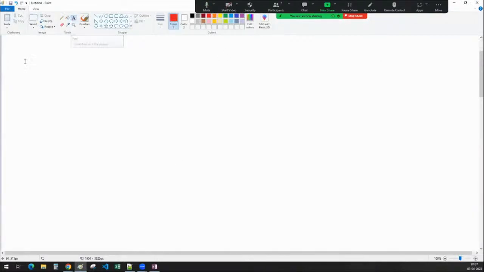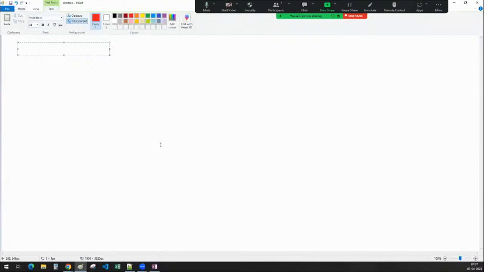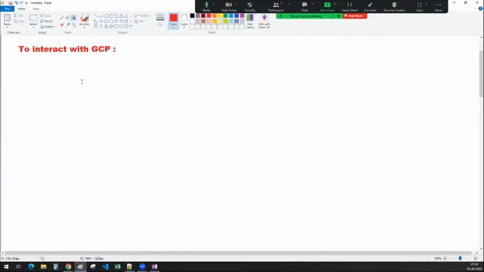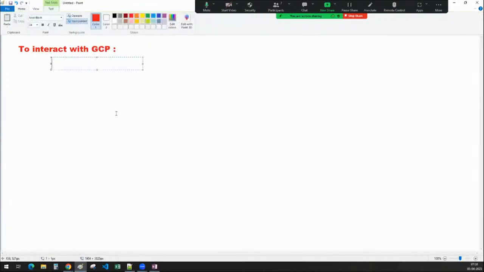Okay, so if I wanted to work with an interactive tool to interact with GCP, how many ways can we interact with GCP? Guys, there are plenty of ways. There are REST APIs, there are many things, but mainly as a developer, as a data engineer, we are going to focus on two things.